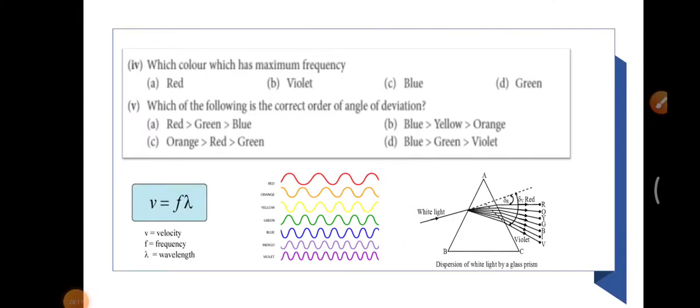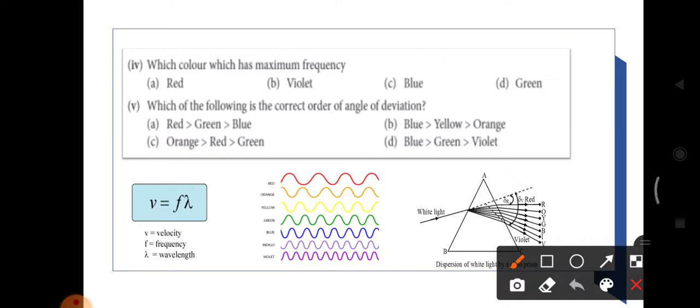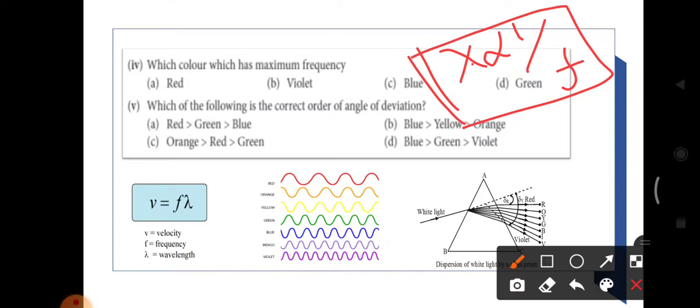The next question, which color has maximum frequency? See, the wavelength is inversely proportional to the frequency. This is also an important point. Note down, the wavelength is inversely proportional to the frequency.